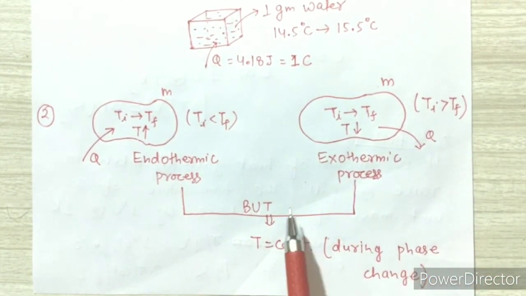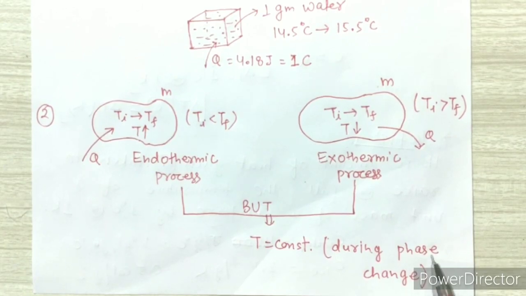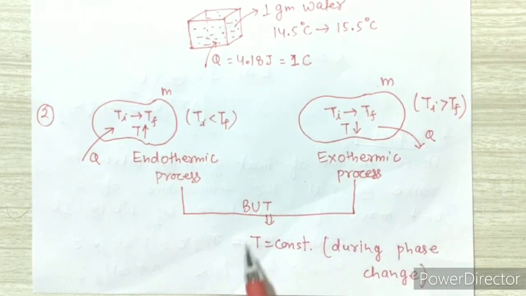But during phase change processes, that is when solid gets converted into liquid or liquid gets converted into gas, the temperature does not change. We will study about this in detail later during the latent heat topic.